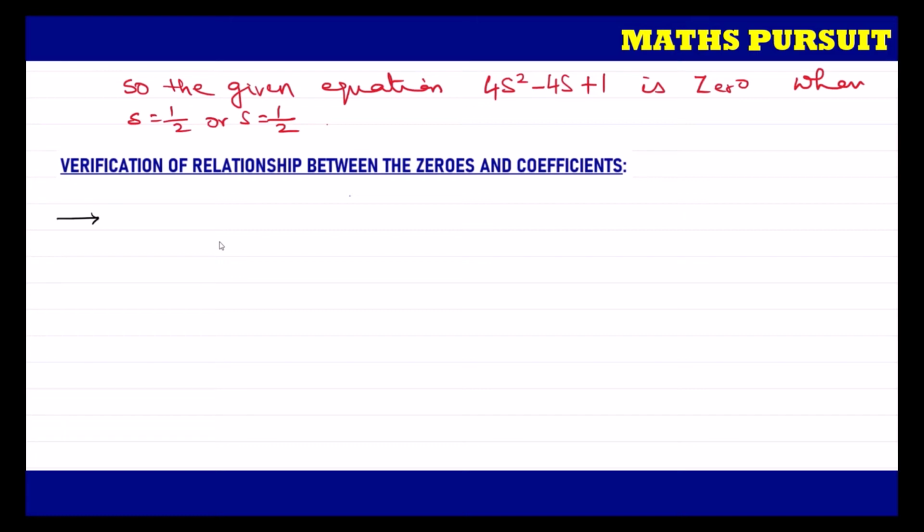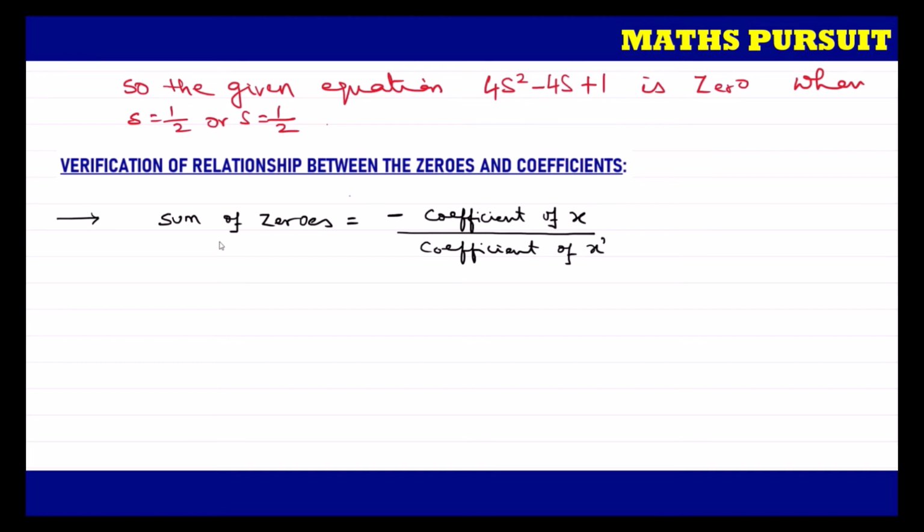We know that there is a formula, guys. Sum of zeros is equal to minus coefficient of x upon coefficient of x to the power 2. We need to remember this formula so that we can answer this type of questions.